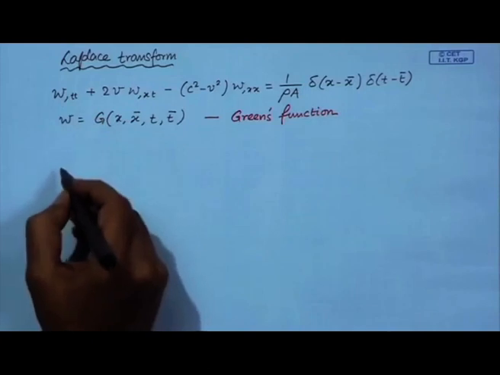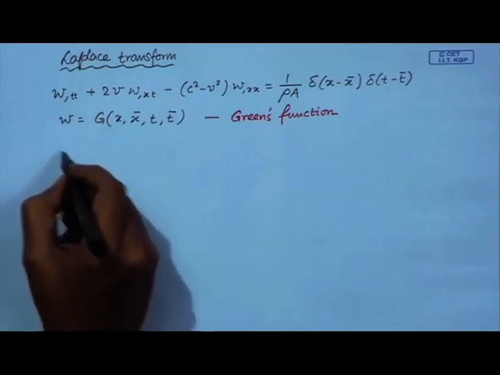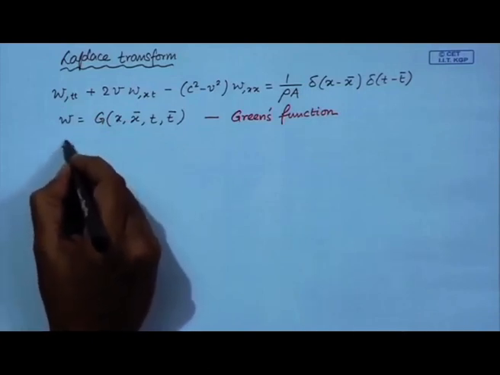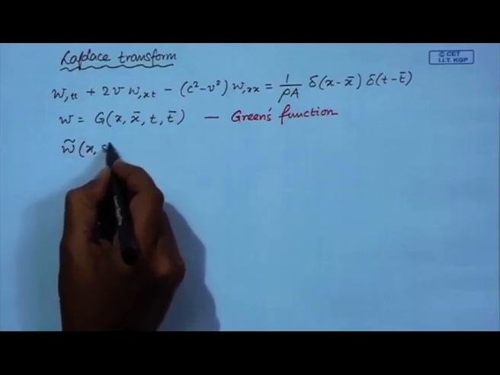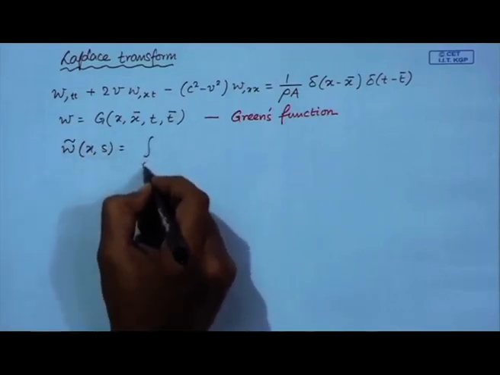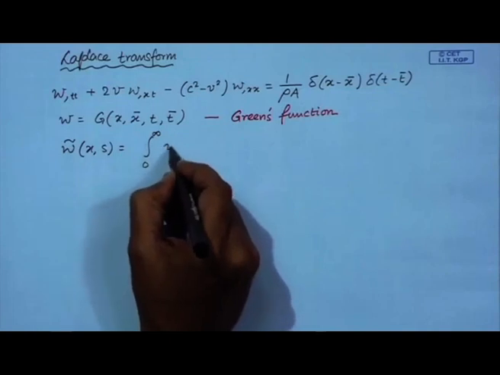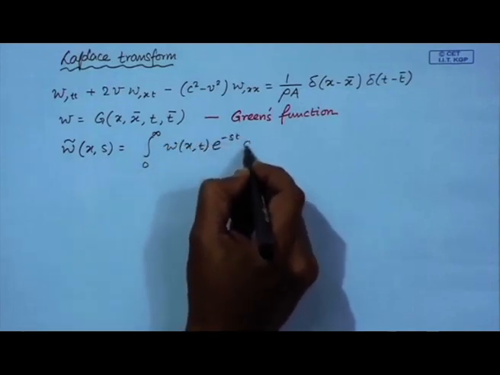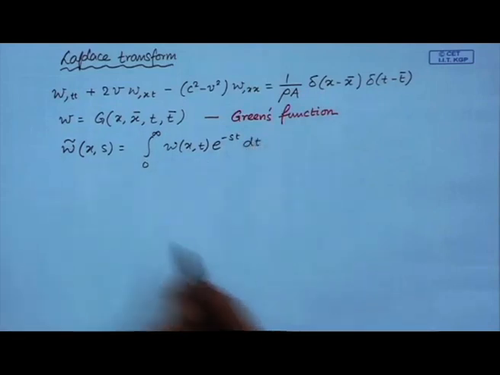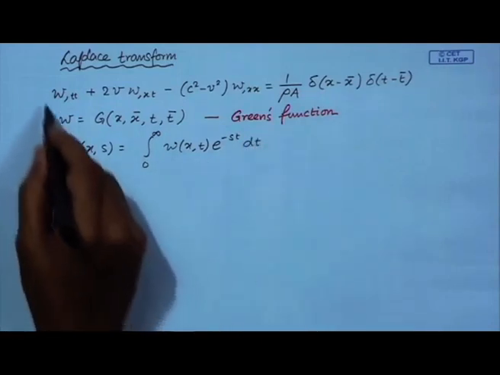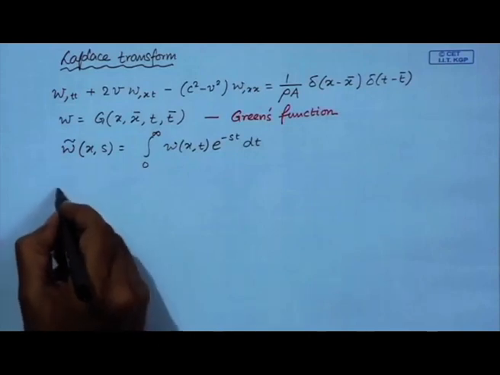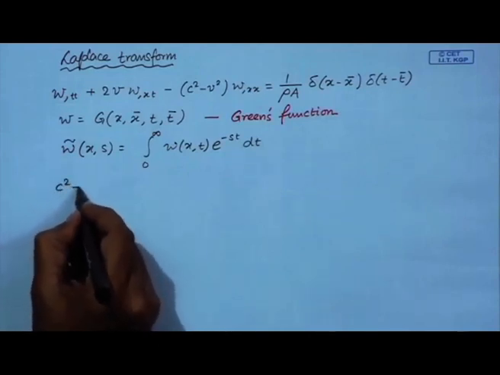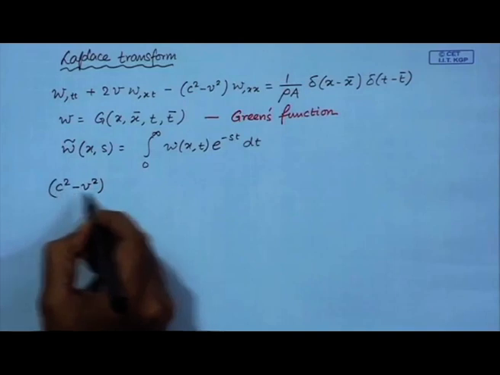Once you take the Laplace transform, you can easily check. Suppose I define this as the Laplace transform of the field variable w, then if I take the Laplace transform of this equation and simplify, this is straightforward.